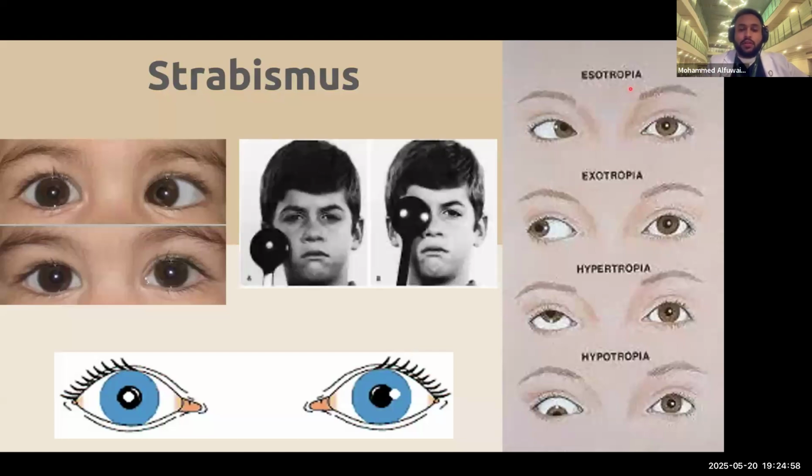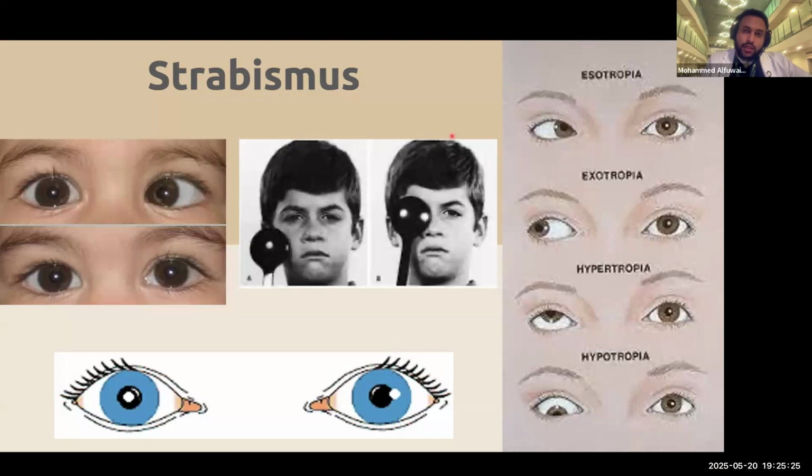I'm sorry, by the way, if there's background noise. So hyperopic patients will compensate with esotropia. I want you to remember this association because in MCQs, it will come as: esotropic patients typically have what association? Hyperopia, something like that. Cool.